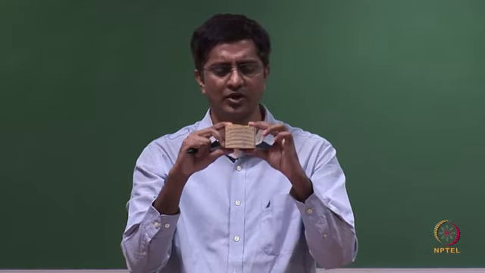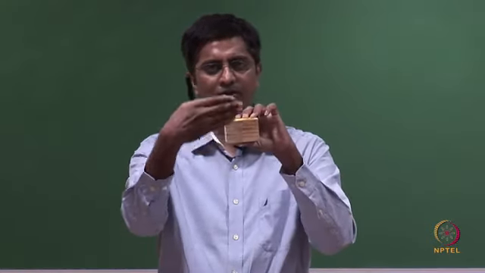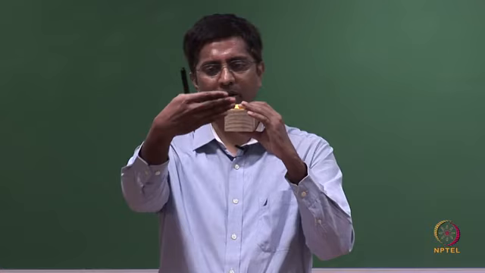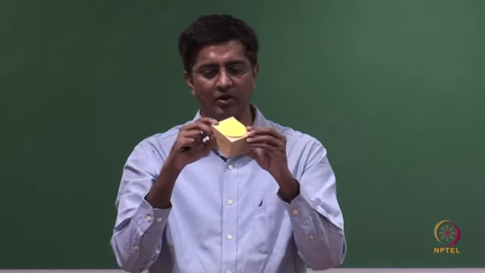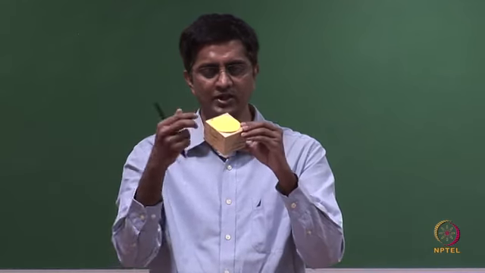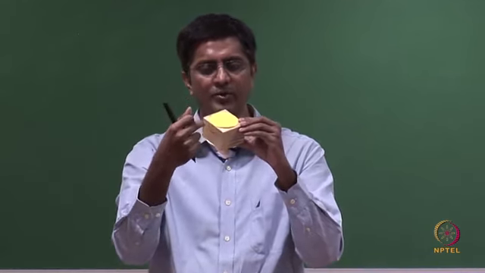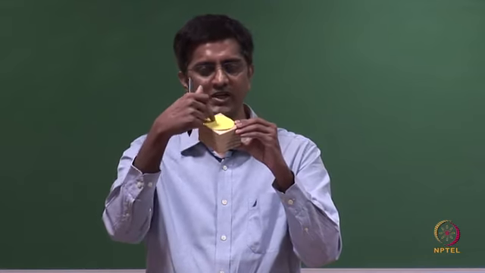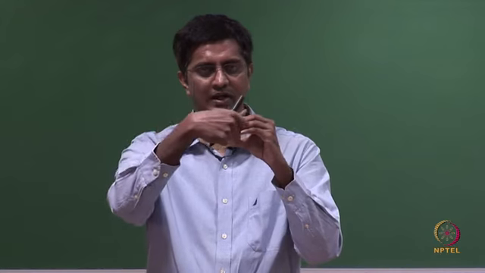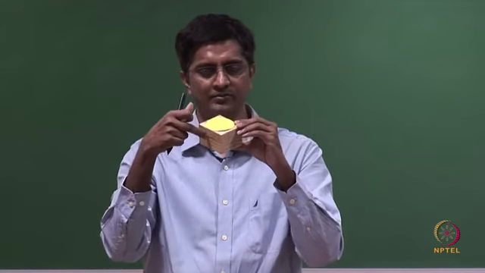For example, instead of having it either parallel or perpendicular to the projection plane, I can have it at an arbitrary angle. Let us say I hold it in this fashion, such that when you are looking at it, you will be able to see 3 faces of this cube: this face which has this yellow circle, and the second and the third face.